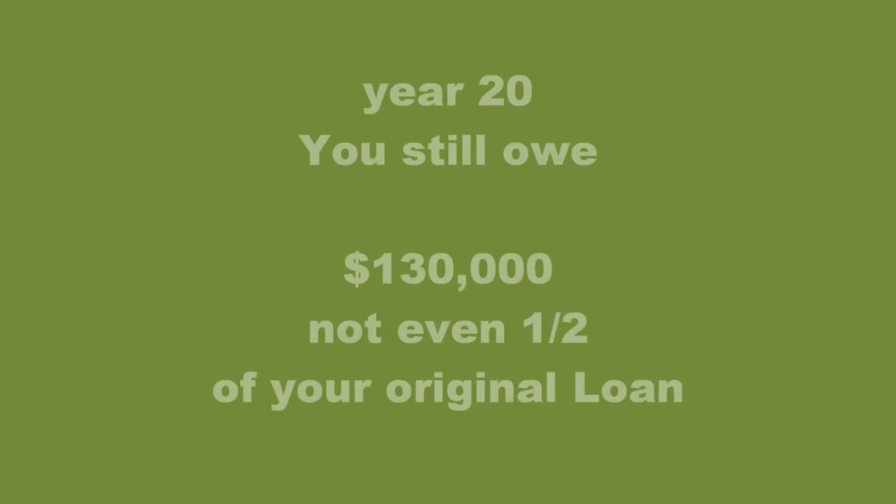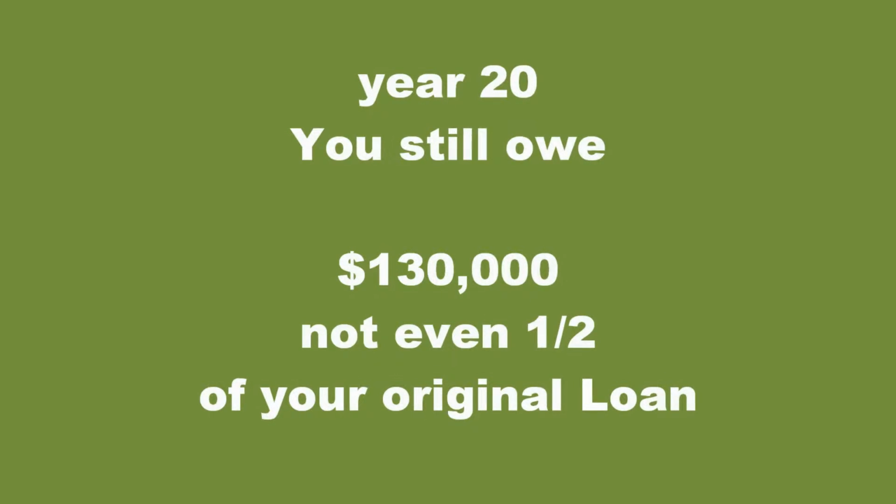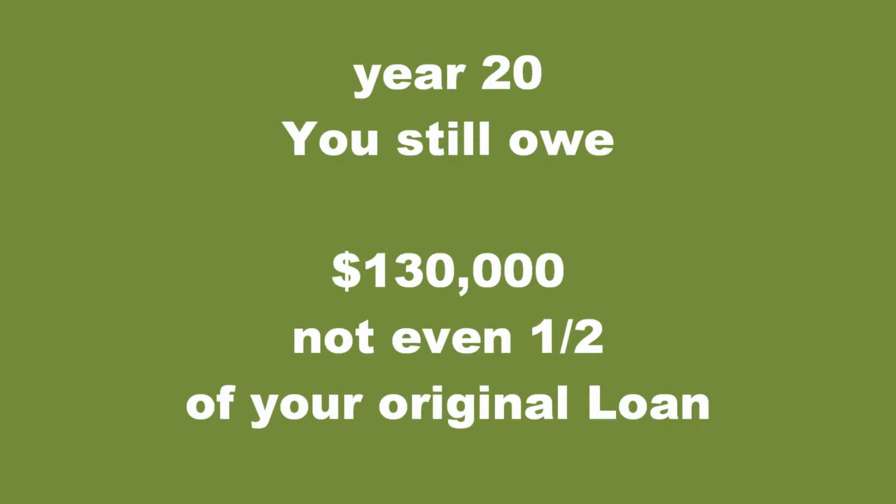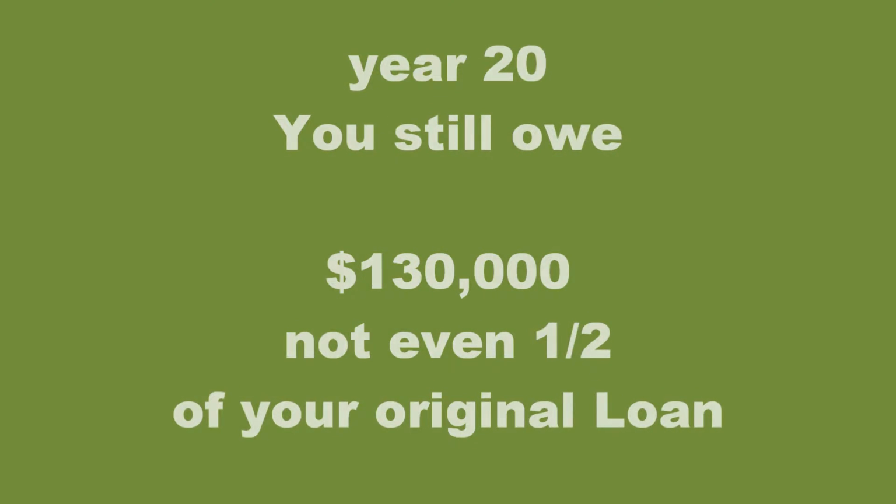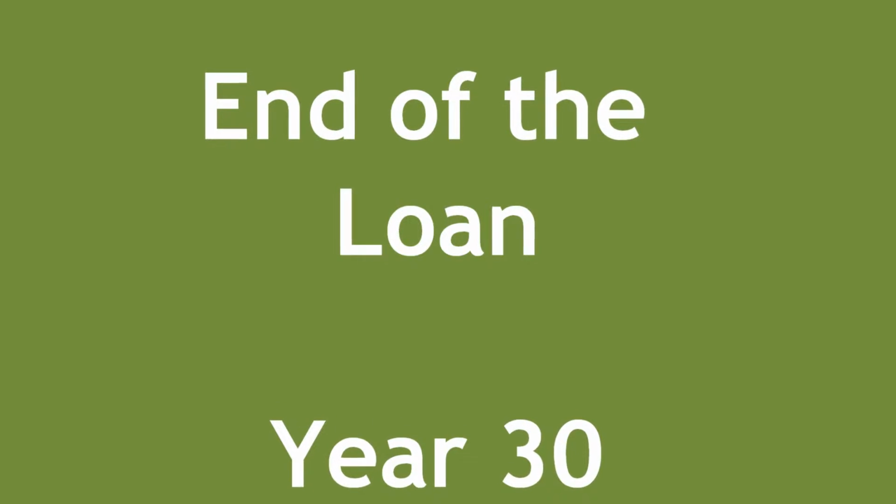And at the end of year 20 of your debt, you still owe almost $130,000 of your loan. You have not paid even half of it. Okay, from here on, you really start to build up your equity quickly, since fewer payments are made to interest and more to principal.